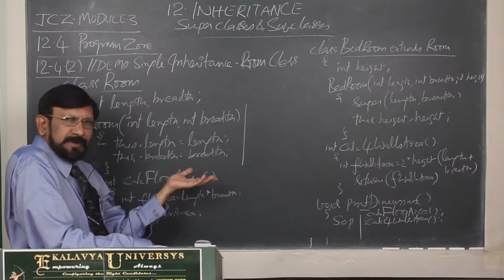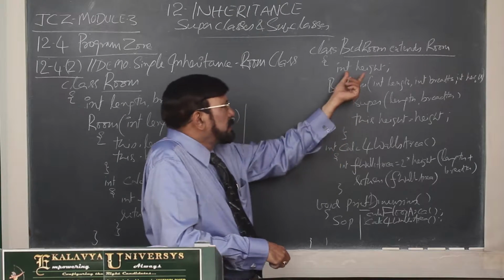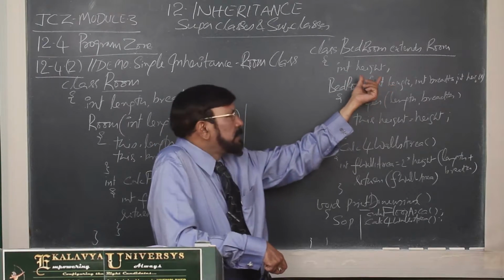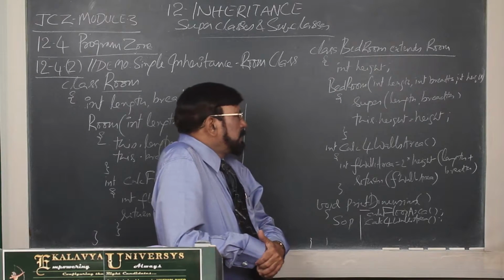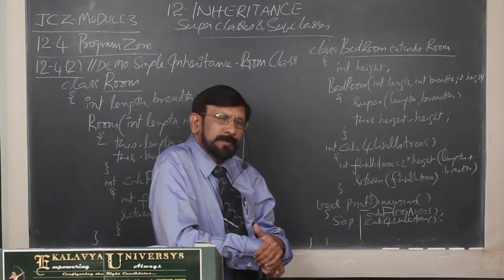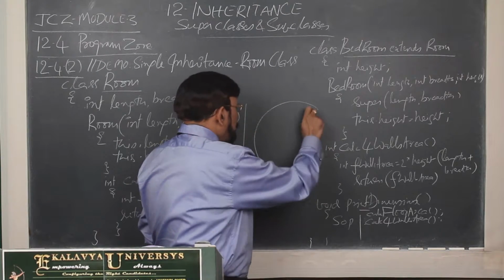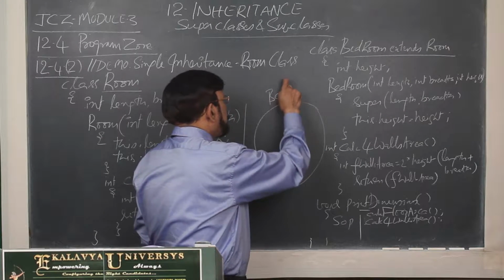You can use this directly, but for the bedroom's sake we are extending it. That's why one more addition is required in variables, that is height, int height. Okay. Now here one very important point we have to tell. This is the superclass, this is the subclass. What is that? Bedroom.